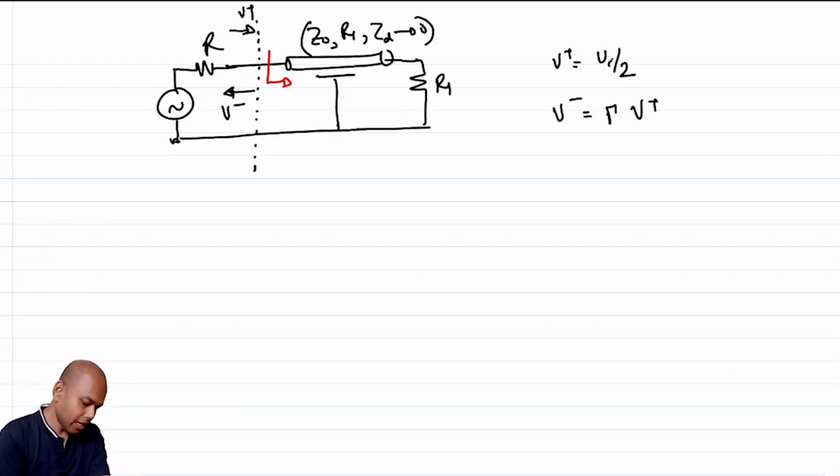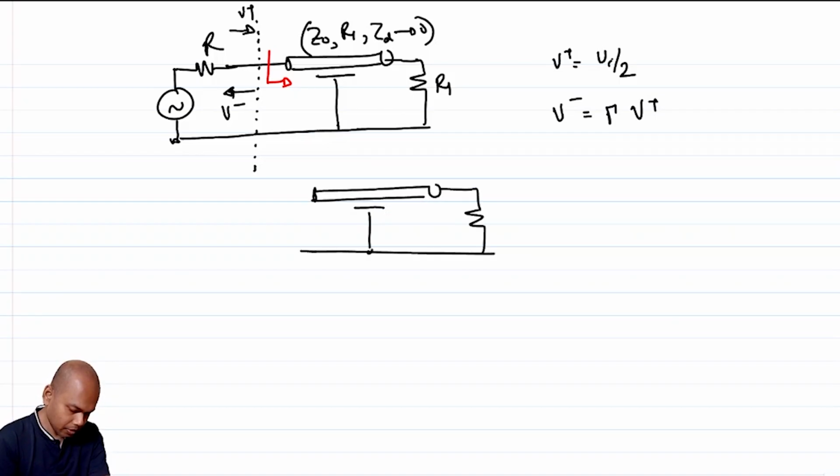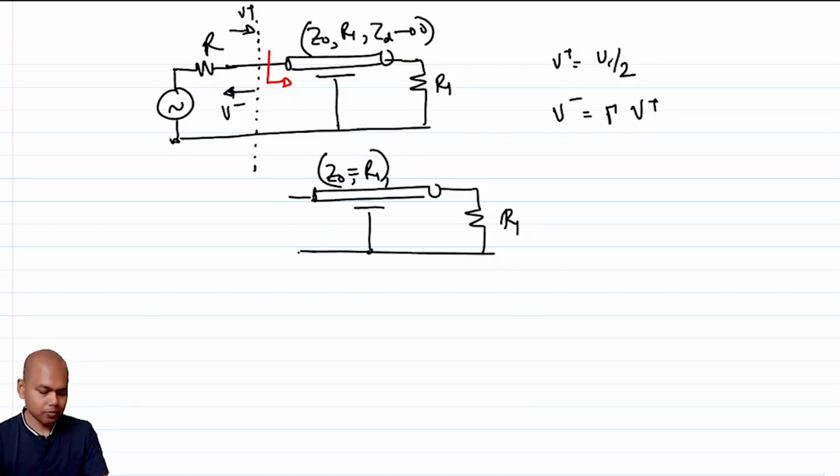Now note that any waveform, if I isolate this part only, so this is R1, right? Z not equal to R1, and this is also R1. So essentially this contraption has a matched load, right?